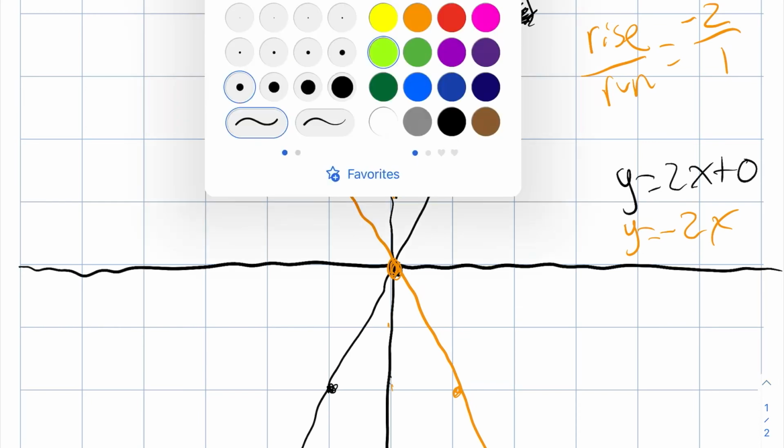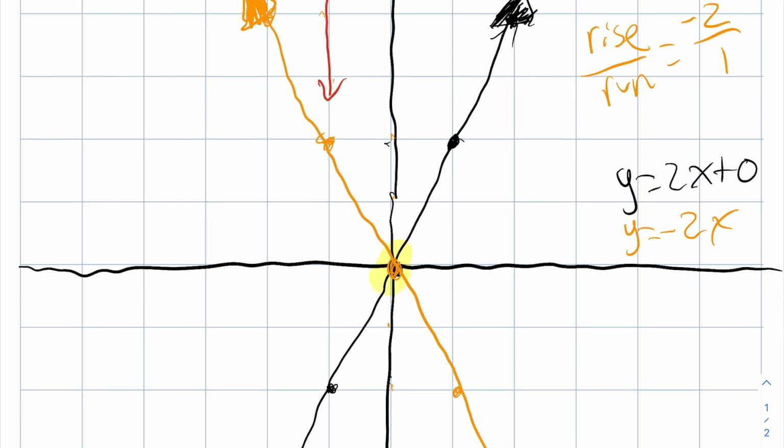Now, a common misconception would say that these are perpendicular. Remember, perpendicular means that they cross at 90 degrees. That is not true, okay? They do not create a right angle here. Remember, perpendicular slope is the opposite reciprocal.